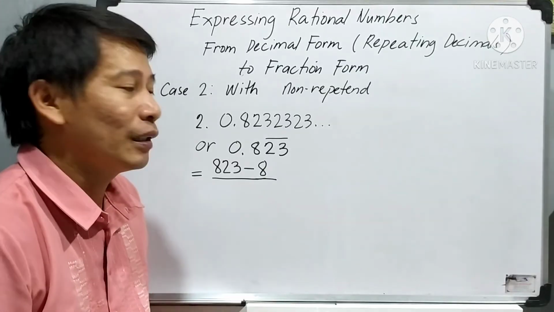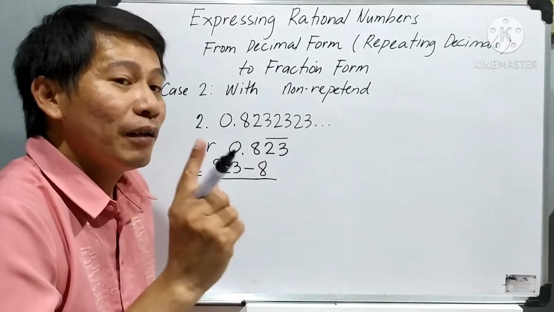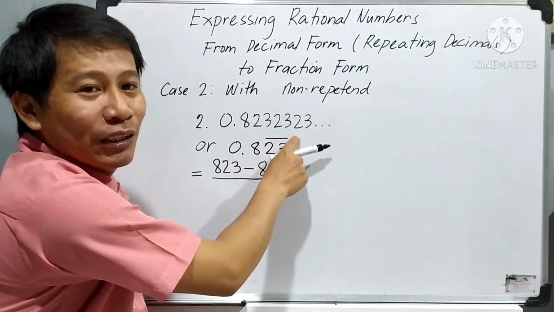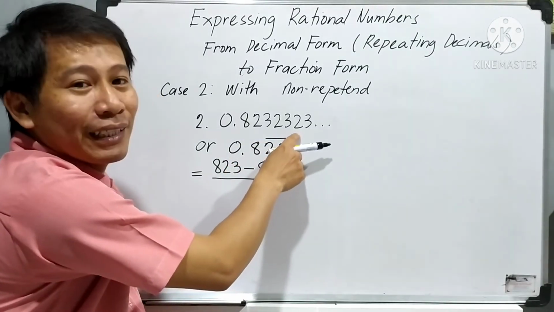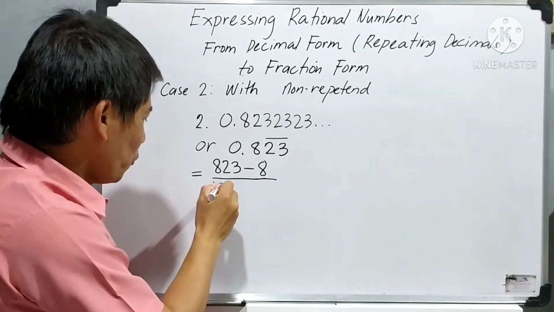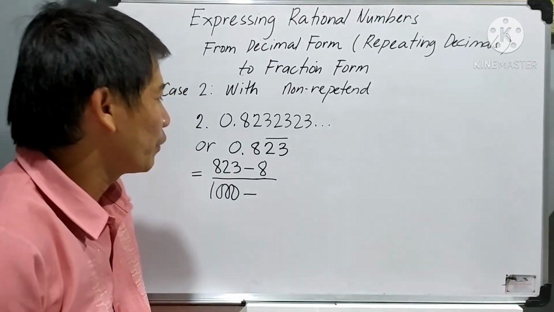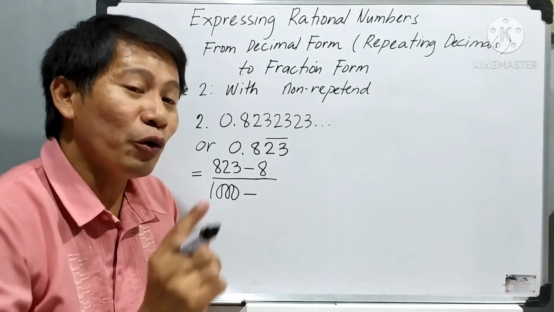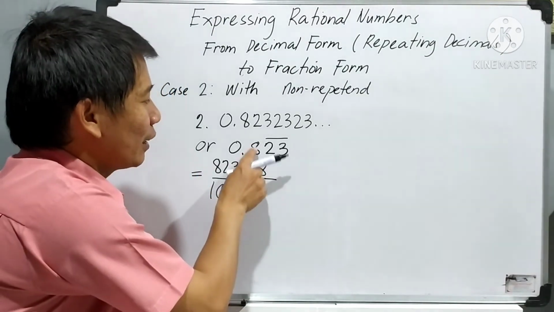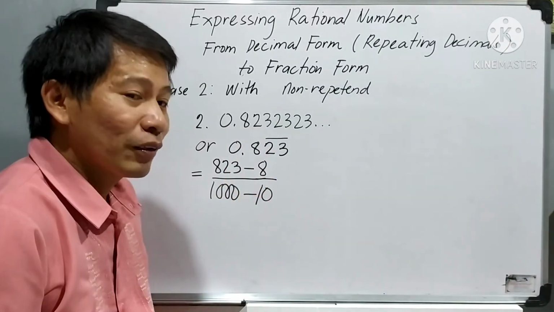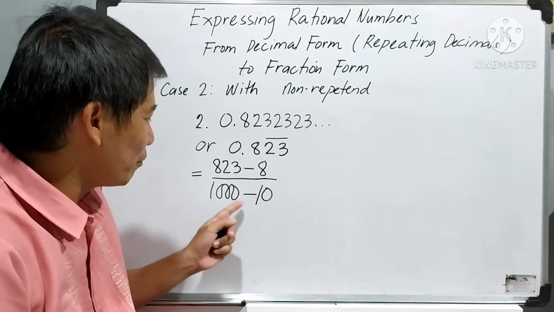So, place values. The last place value is tens, hundreds, thousands. So the last place value is thousands. Therefore, we have 1,000 minus the place value of the non-repeating digit, which is 8, tenths. Therefore, minus 10. Again, how did we get 1,000 minus 10?